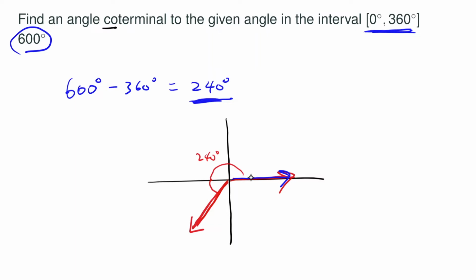It goes to 360, so it goes all the way around to here. Then it goes 240 degrees a little more. So it ends up in the same place. That's why they're coterminal. Of course, there are an infinite number of coterminal angles for each angle, but for this problem, they're specifically asking between 0 and 360 degrees, which is also the degrees given in the unit circle.